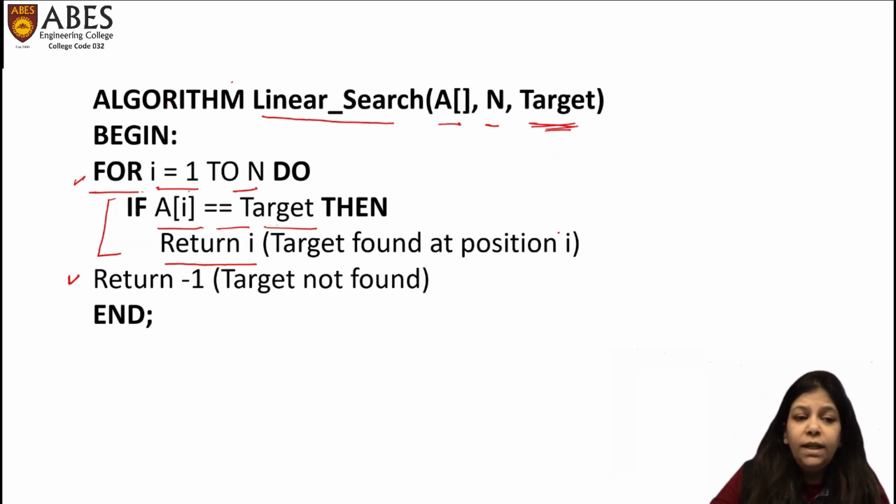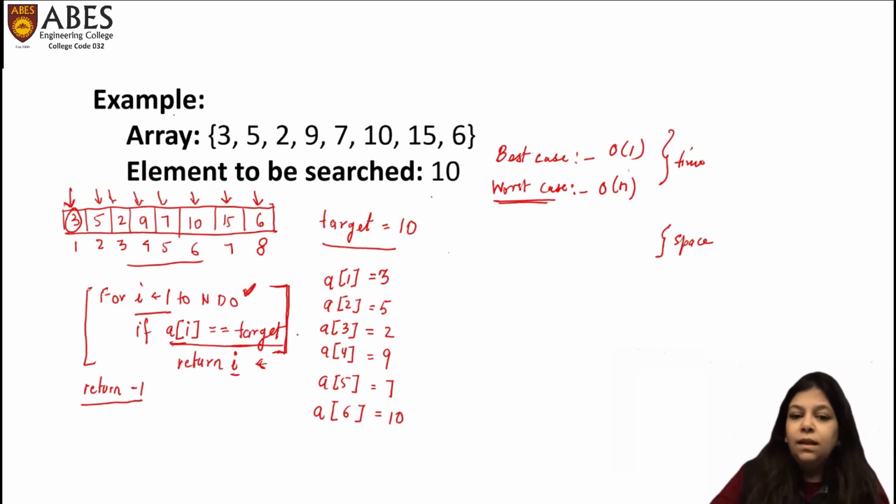And we have only taken a variable i to iterate in the entire loop. So we can see that we have not taken any data structure which is dependent upon the number of elements n. So in this case, the space complexity will become O(1).